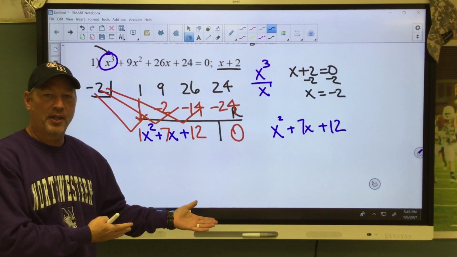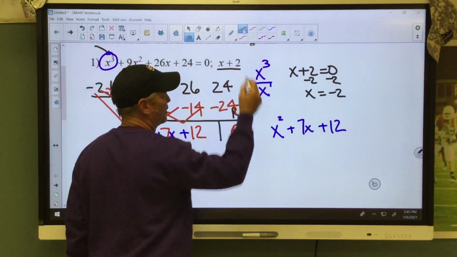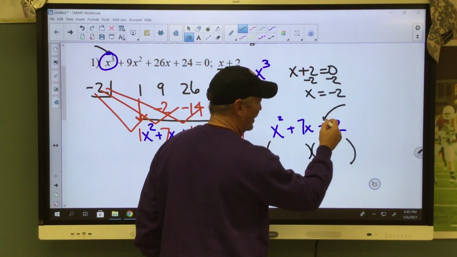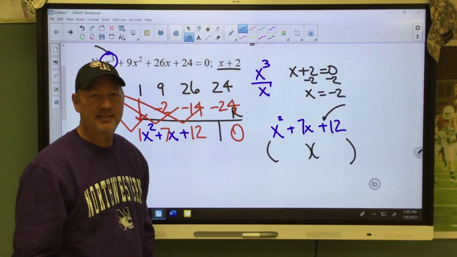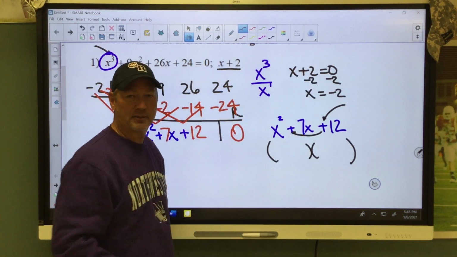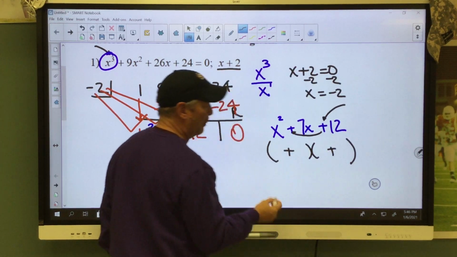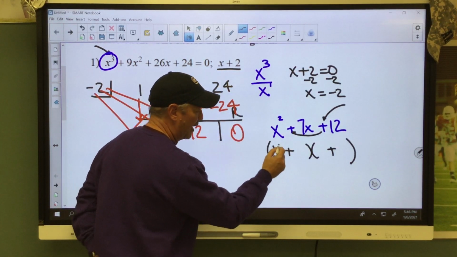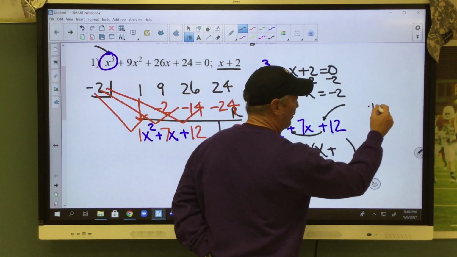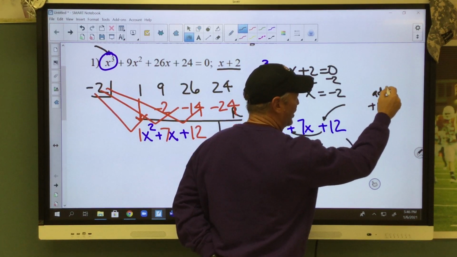We know how to factor that. We've been doing that for a long time. We're going to set up our parentheses. We're going to look at the back sign that says the signs are going to be the same. They're both going to be pluses. So you put your pluses. We break down x squared as x times x. And we need to break down this positive 12. Since it's positive, we will add to find our combination.